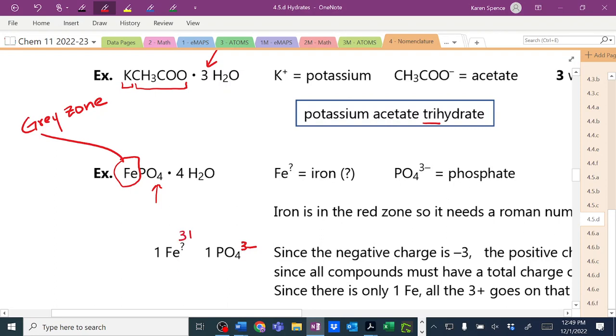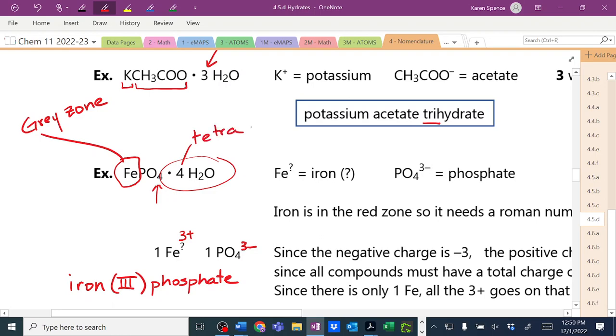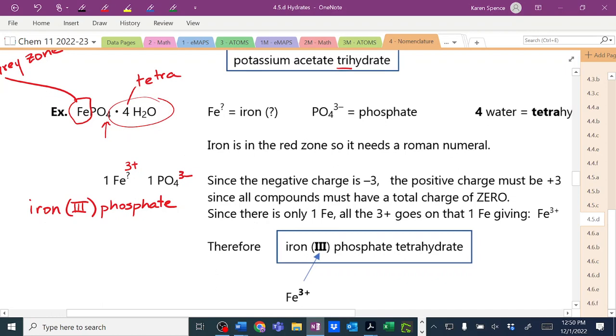It has to be 3 plus, so that's going to be iron 3. Phosphate. And then, of course, we need to add on to our name tetra for 4 hydrate. So here we are, we have iron 3 phosphate tetrahydrate. So that's how we name them.